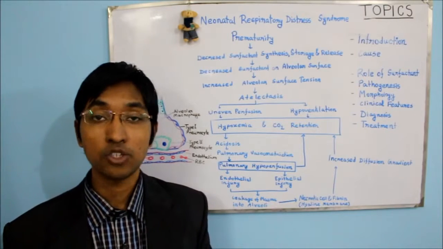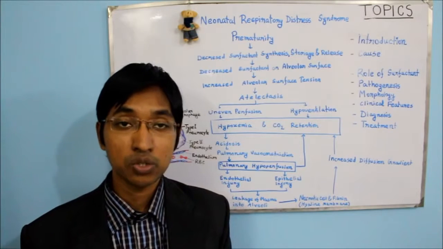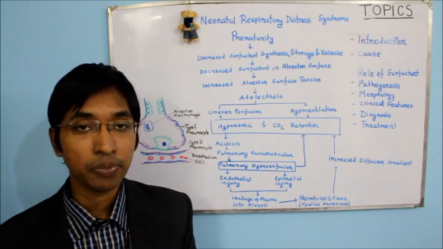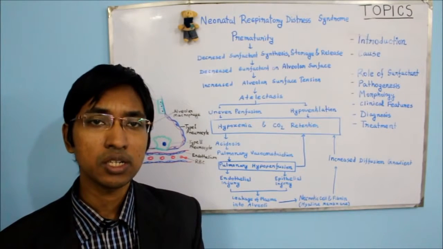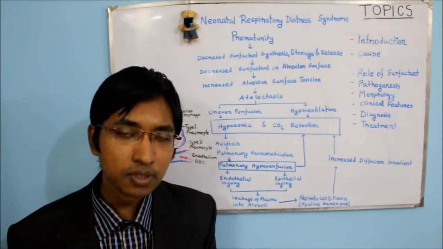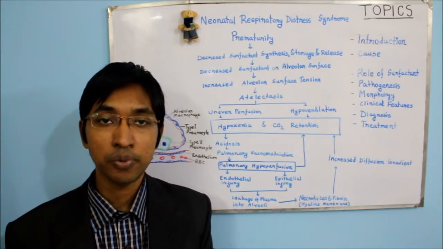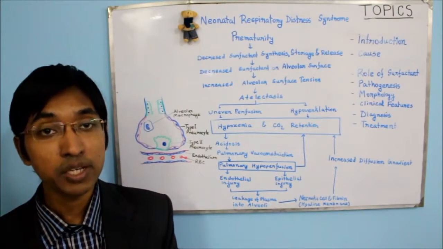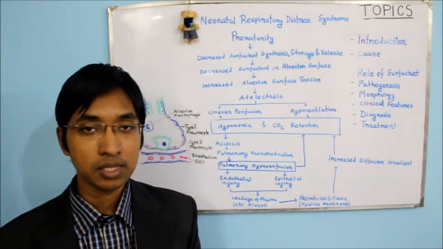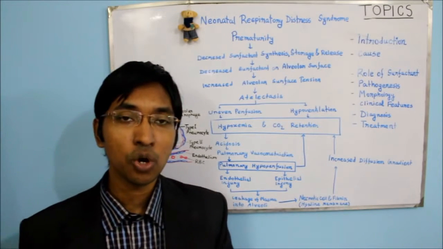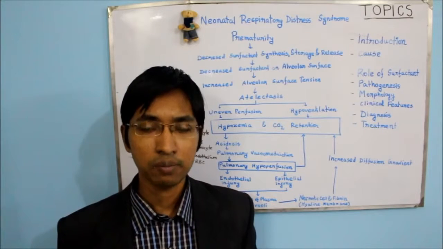One group is hydrophilic in nature, and there we will have surfactant associated proteins like SPA and SPD, and they have a role in innate immunity. The other group of surfactant associated proteins are hydrophobic in nature, and there we will have SPB and SPC, and they will have a role in reducing the surface tension of the alveoli.